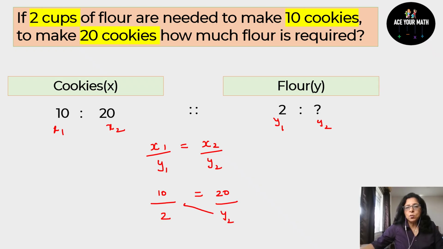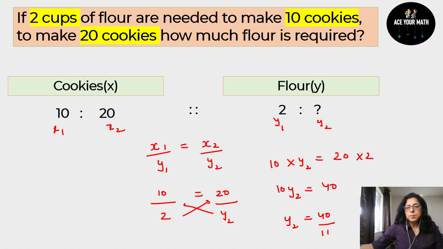After that you can simply do cross multiplication. So 10 will be multiplied by y2 and 20 multiplied by 2. This will give you 10 y2 equals 40, and y2 is 40 divided by 10, which equals 4. It means 4 cups of flour are required to make 20 cookies.